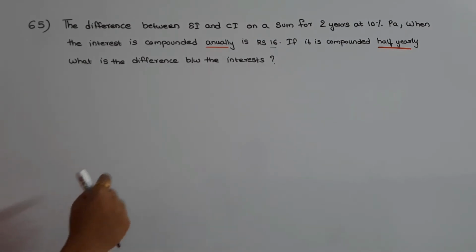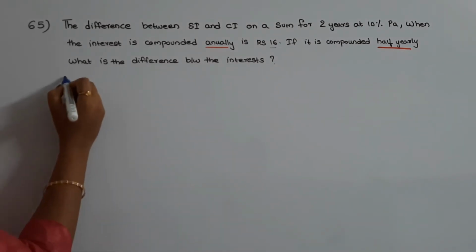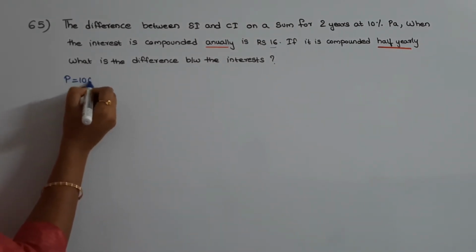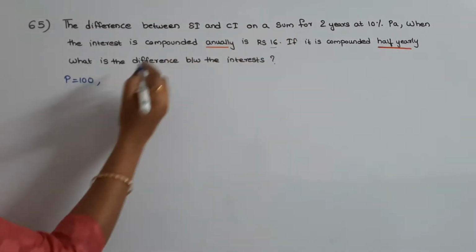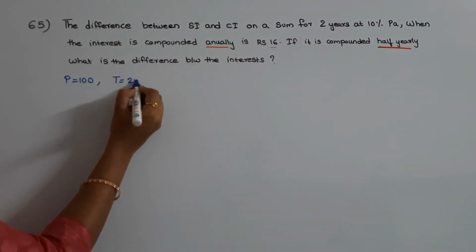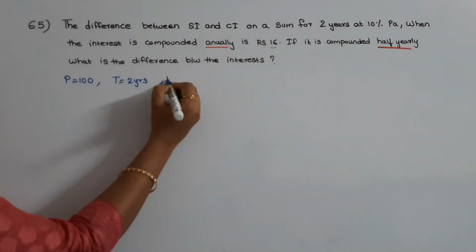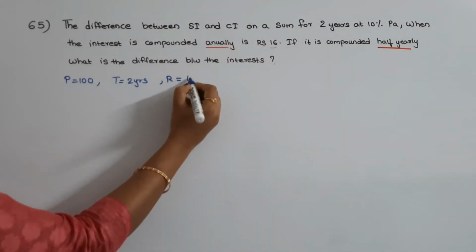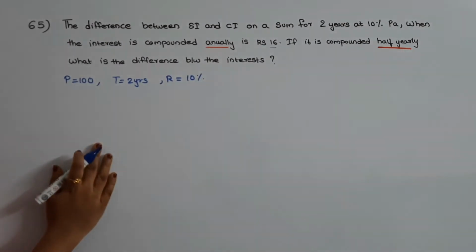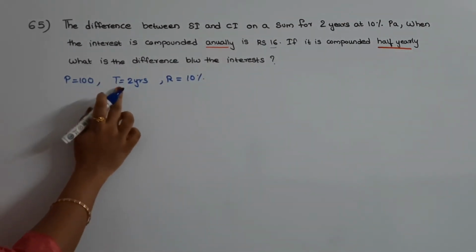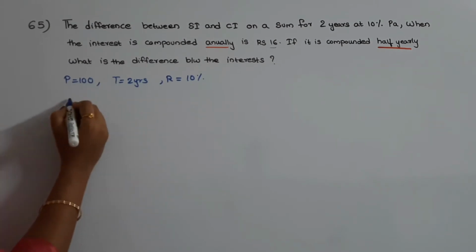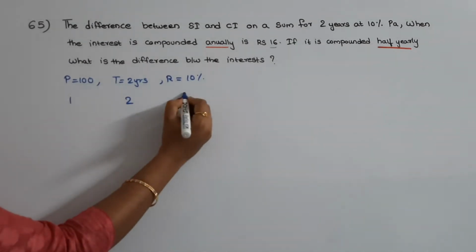So first let us assume the principal as 100. And the time period is given as 2 years when it is compounded annually. And the rate is given as 10%. Now since the time period is 2 years, by Pascal's triangle method we can write 1, 2, 1.